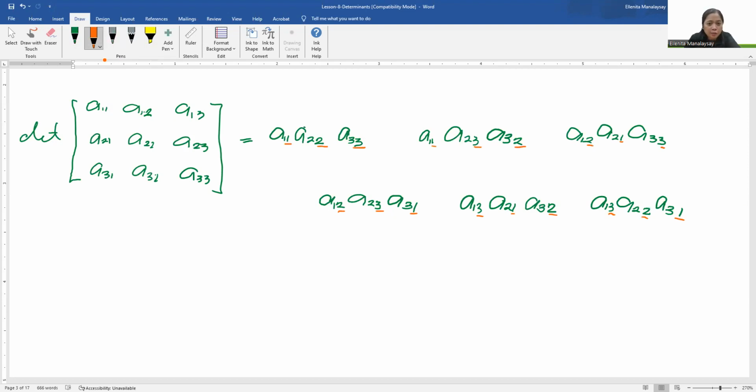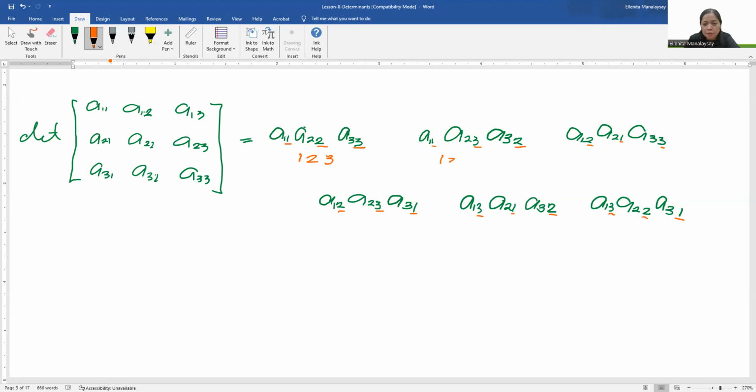Okay, so let's consider this. We have 1, 2, 3. Let's count the number of inversions. There is a 0 inversion. Because this is arranged in ascending order, 0 inversion, that is even, then the sign is positive.